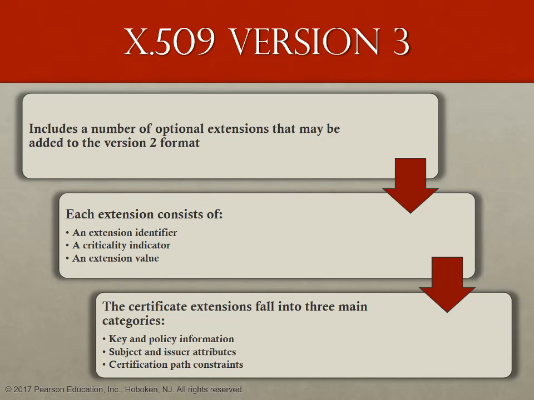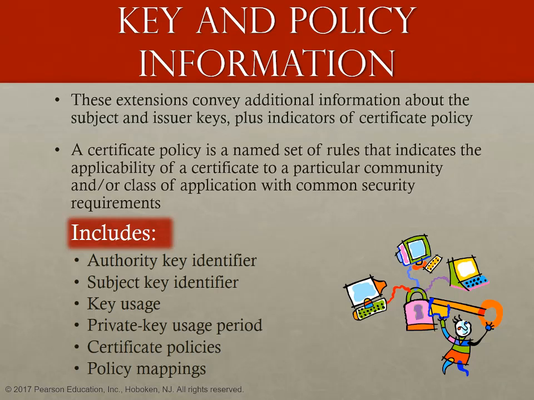certificate as invalid. The certificate extensions fall into three main categories: key and policy information, subject and issuer attributes, and certification path constraints. Key and policy information.